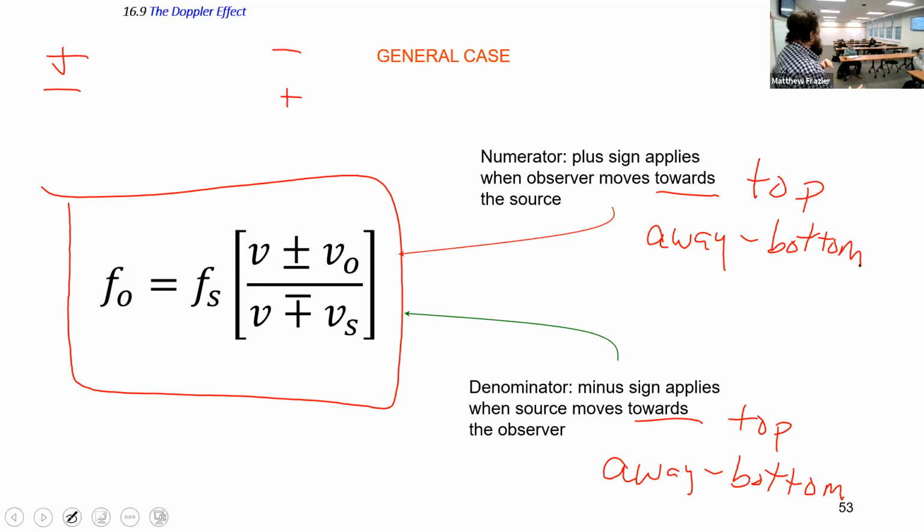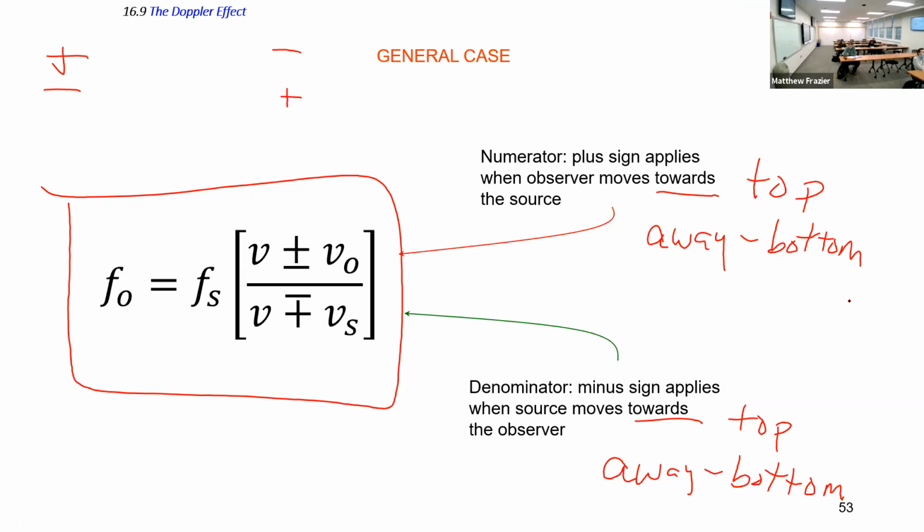So the overall effect is that you get a downward shift. The idea is that you have to check your answers after you see it. Did I actually get what I expect? Since the cop is moving away, the siren should be lower. Did I actually calculate a lower frequency?